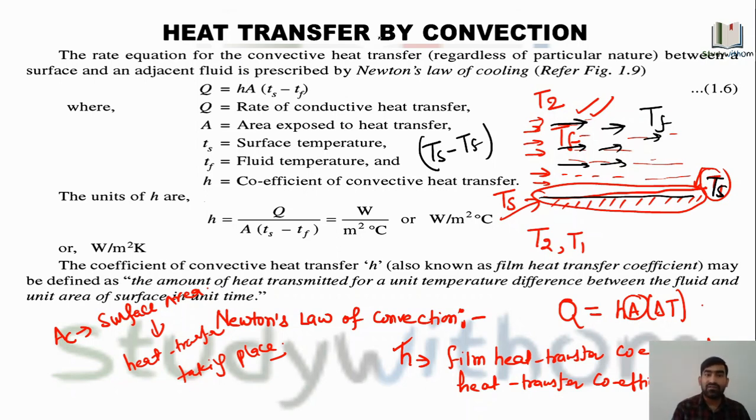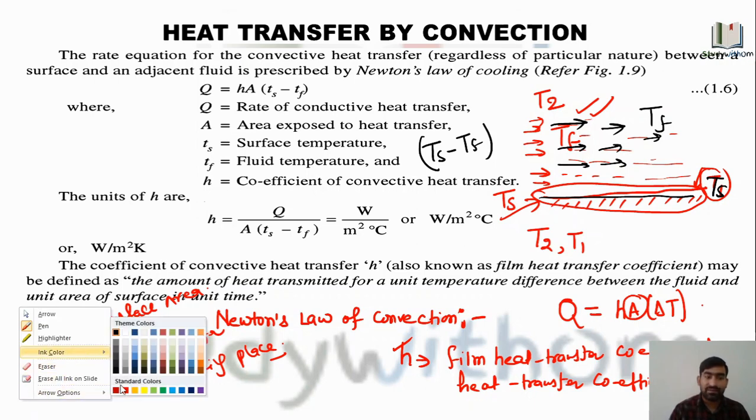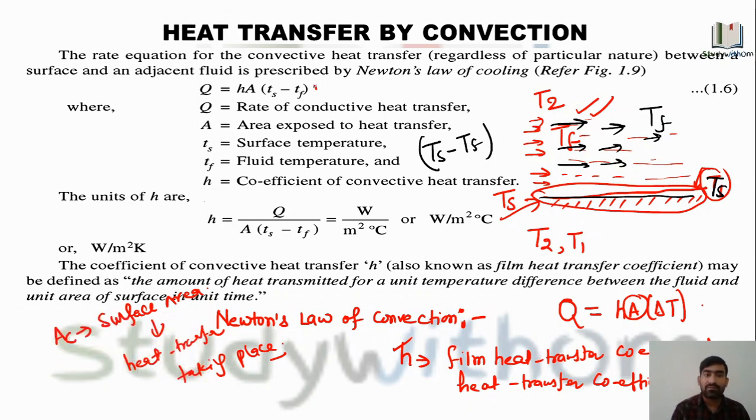So heat transfer is given by Q equals h A delta T, which has been given by Newton's law of cooling, where Q is the rate of heat transfer, A is the area exposed to heat transfer, Ts is the surface temperature, Tf is the fluid temperature, h is the coefficient of convection, and here the unit of h is watt per meter square degree Celsius or watt per meter square Kelvin.